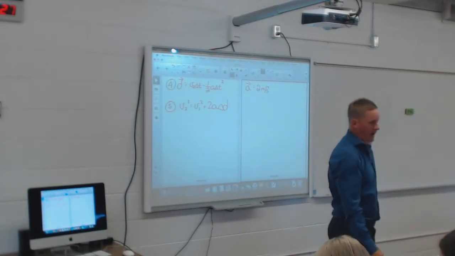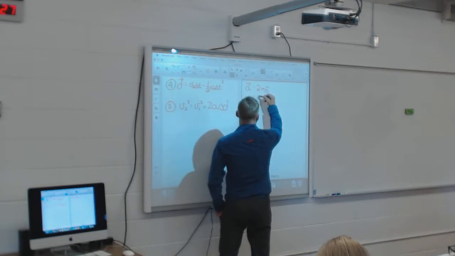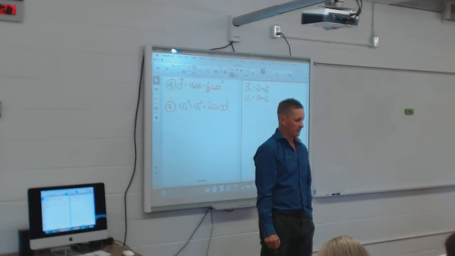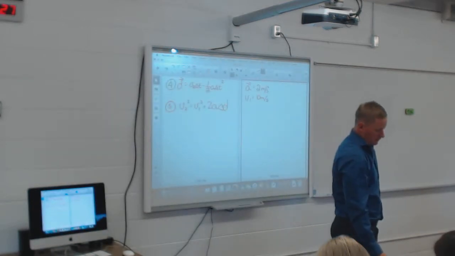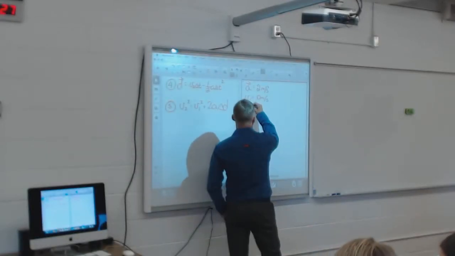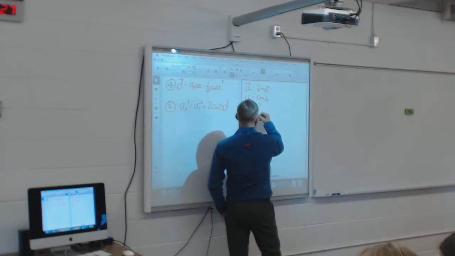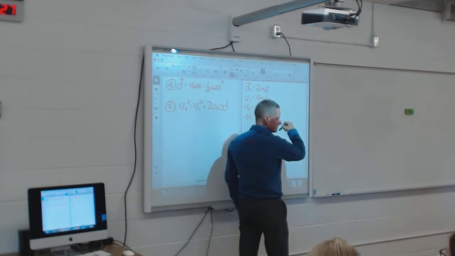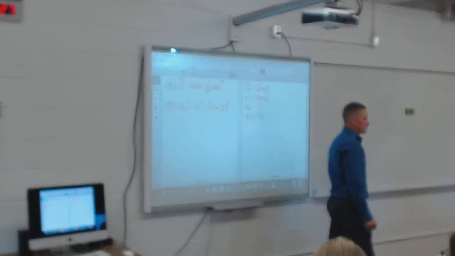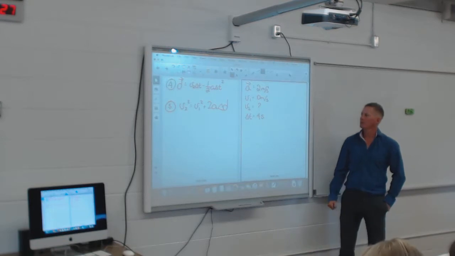The ball starts from rest, so V1 is 0 meters per second. What is the velocity at the end of 4 seconds? I'm looking for V2. That's the information given to me in the question.